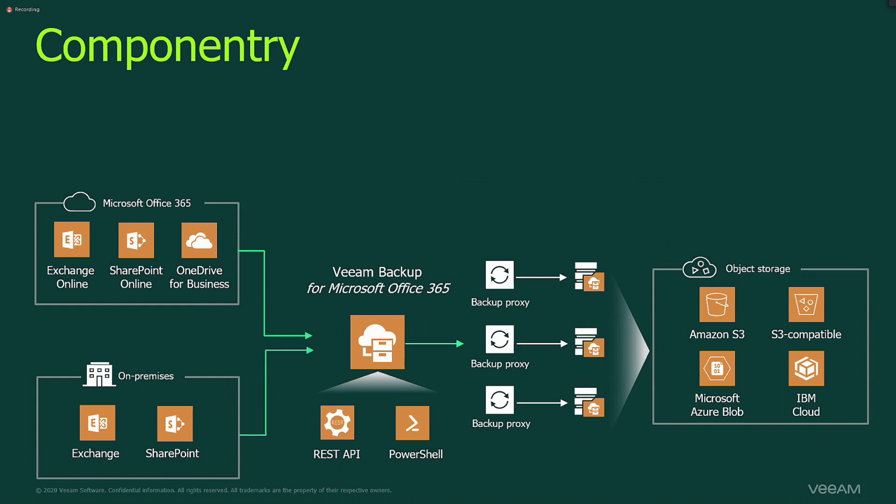But we're also going to send the metadata and cache to that object storage as well. So if we did lose any of that chunk in the middle, then we've still got a copy of that data in our object storage, wherever you choose that to be.